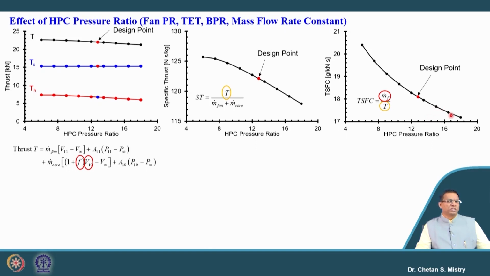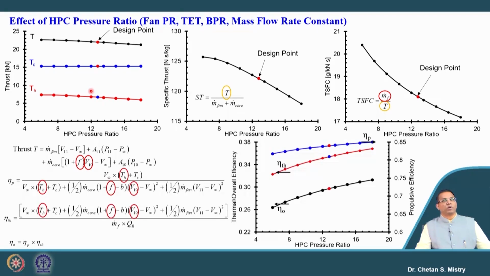So this is giving the indication of what the number should be and from where we are configuring these numbers. Here also, if you look carefully, for the variation of HPC pressure ratio in this range, there is not much variation in terms of thrust.